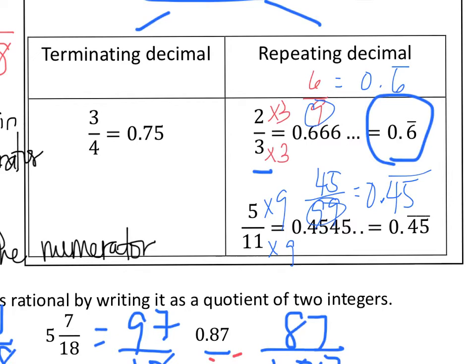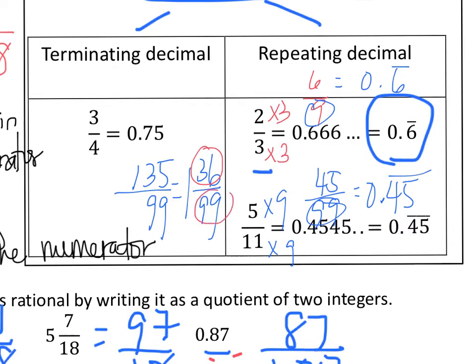But what if I'm given a numerator that's bigger than the denominator? Then you'll need to change it to a mixed number so that the number of digits in the numerator either equals the number of digits in the denominator, or is smaller than the number of digits in the denominator.